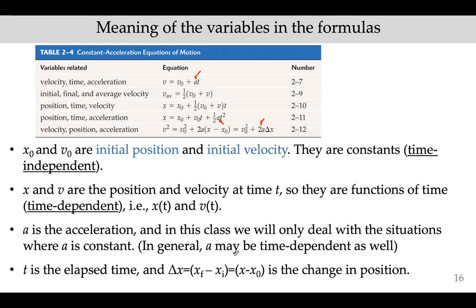In general, acceleration may be time dependent as well. And finally, t is the elapsed time or total time. And whenever you see delta x, again, it means final minus initial. You can also write it as x minus x0, where x0 means initial. It is the change in position. So delta x is the change in position.